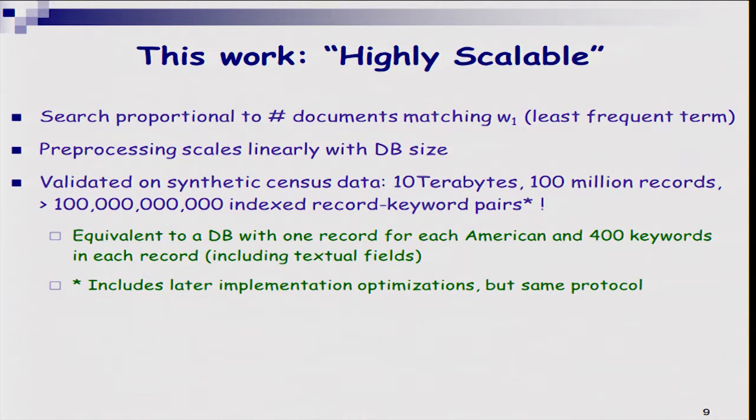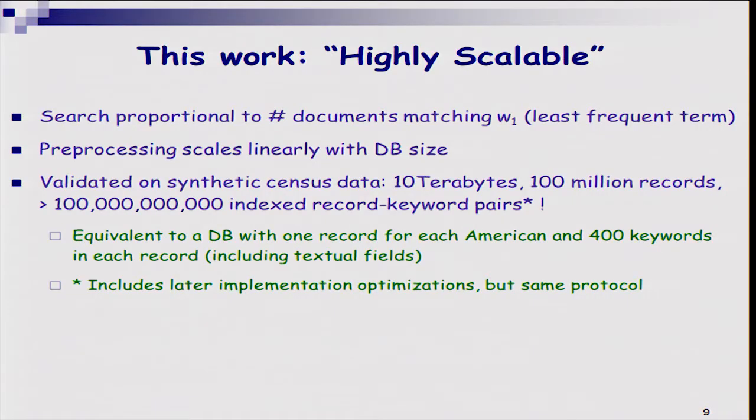For example, we ran experiments on synthetic census data of 10 terabytes, 100 million records, more than 100 billion index record keyword pairs, which from the point of view of size, you can think about having census data with more than 1,000 keywords per American household, or 400 keywords per American citizen.